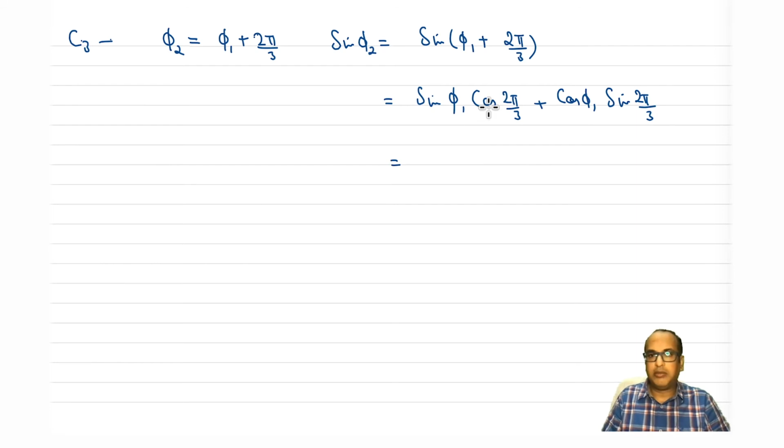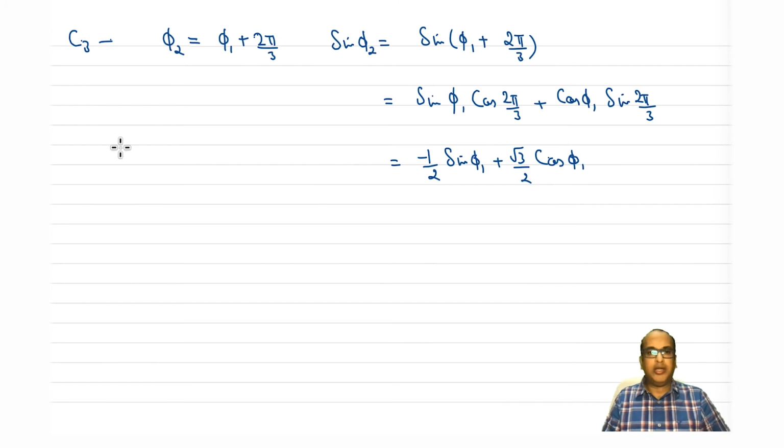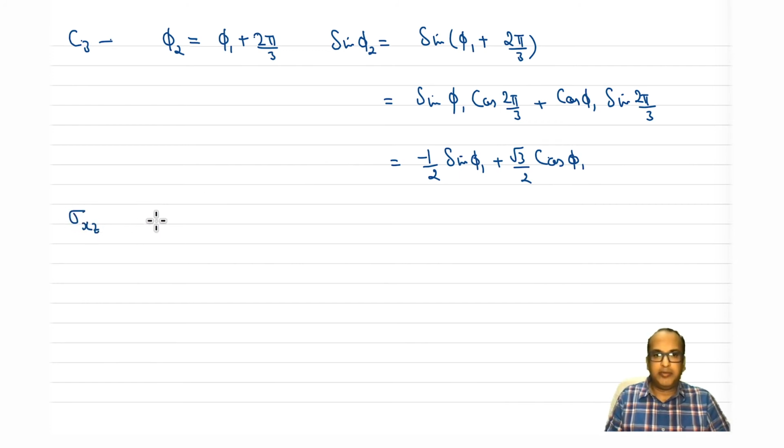So this again becomes minus half sine phi 1 plus root 3 by 2 cos phi 1.